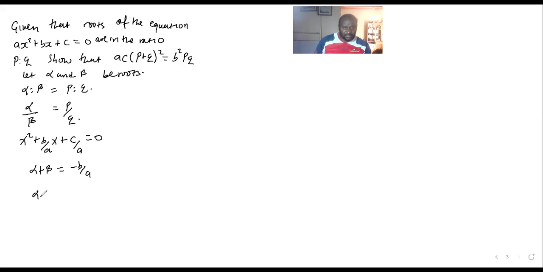Then the product of the roots is equal to c out of a.